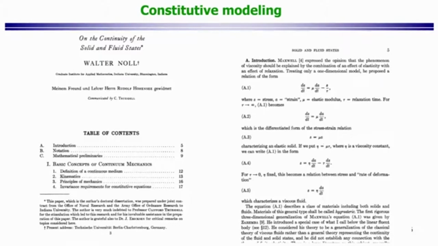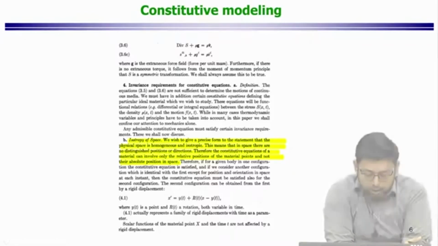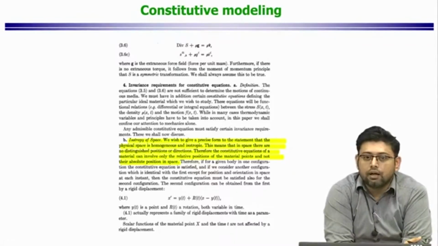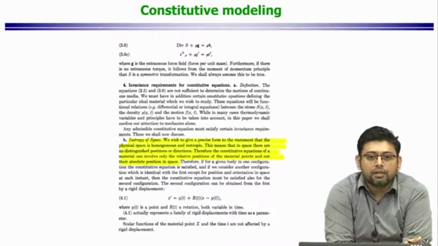So what we are going to do is discuss this basis. Knoll, in his seminal work, points out an important issue that we will discuss in a bit of detail today, and that concerns the isotropy of space. Just to read from his manuscript, he says that we wish to give a precise form to the statement that physical space is homogeneous and isotropic.